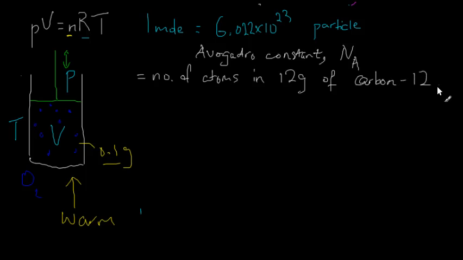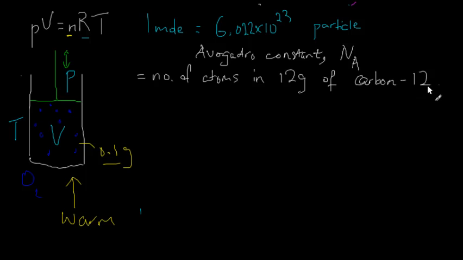Now, if you're seeing this for the first time, it will look very odd. Why carbon 12? How in the world did this come about? Well, actually, I don't know why carbon 12. There must be historical and scientific reasons for that.